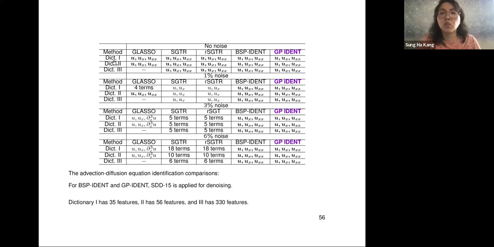Independent of which dictionary we use, some methods require a smaller dictionary, because you have so many parameters now, with all of the elements and all of this data being really very heavy. But we didn't want to do that. So one dictionary has a small number, the second one is bigger, and the other one has like 300 features. But with all of the dictionaries we use, we find a more stable result. In this example, the BSP, the block subspace pursuit, also gives a relatively stable result as well.